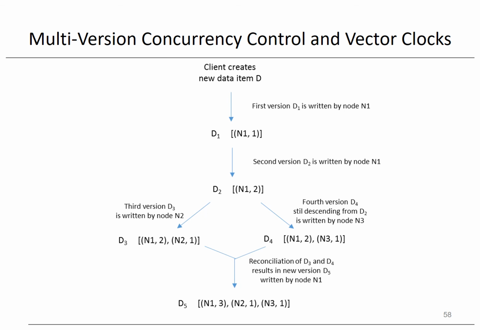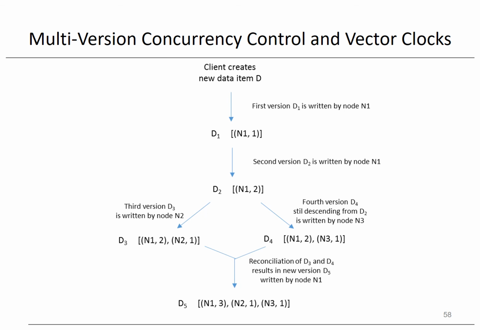Now suppose in the meantime another client reads D and receives version D2. The client updates the data item and the write is handled by yet another node, N3. This results in a version D4, which is a descendant of D2. The vector clock becomes N1, 2, N3, 1.